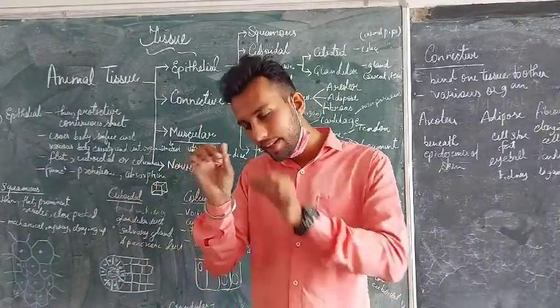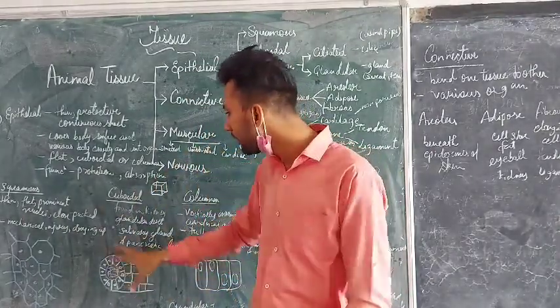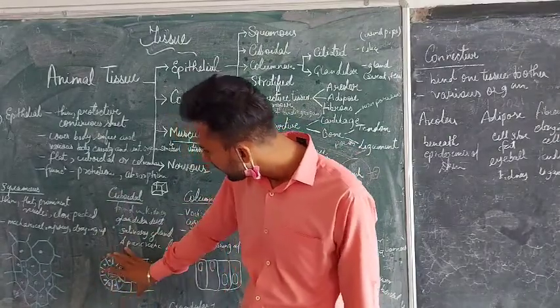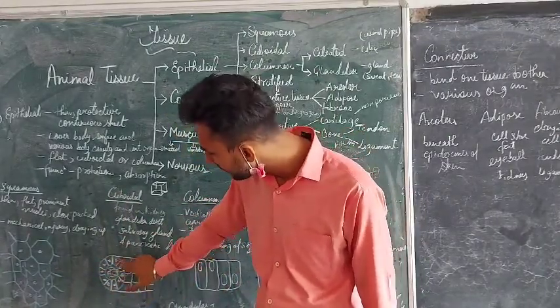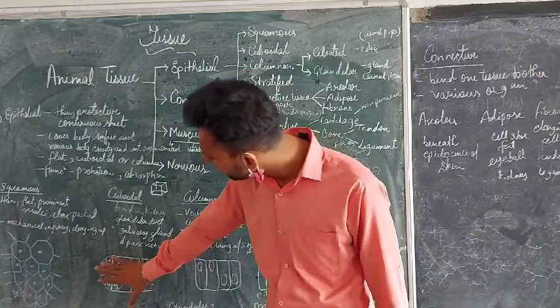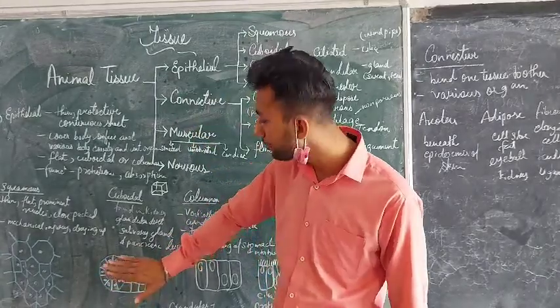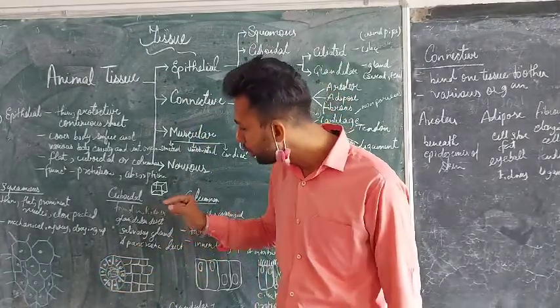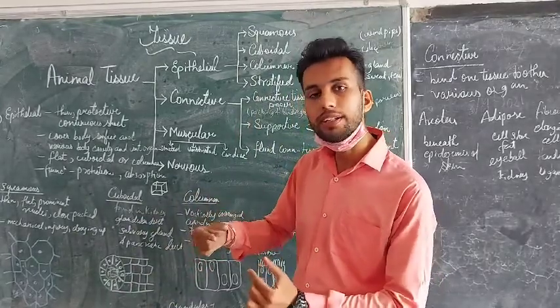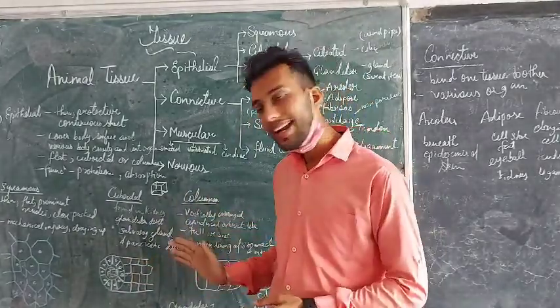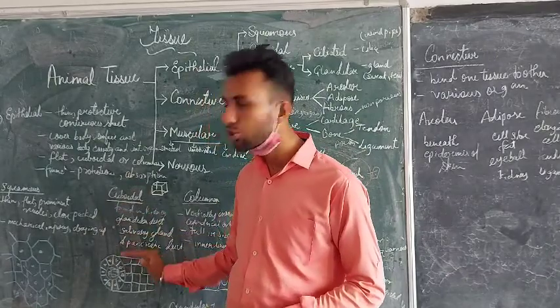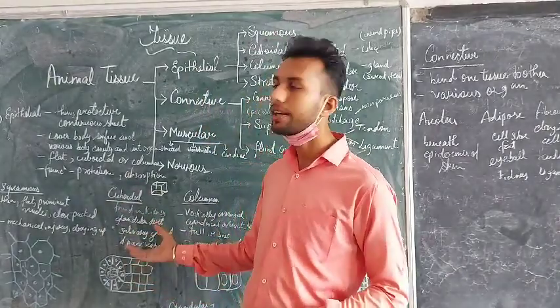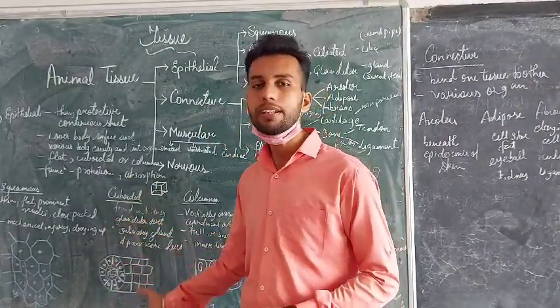On the outer side of that particular duct, the cuboidal epithelium is present to protect it. The cells are cube shaped and arranged one by one, side by side, adjacent to each other. In this way, the cuboidal epithelium is completed, and where it is found and what its shape is should be clear here.